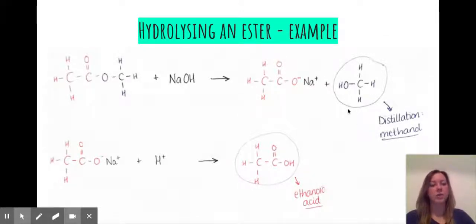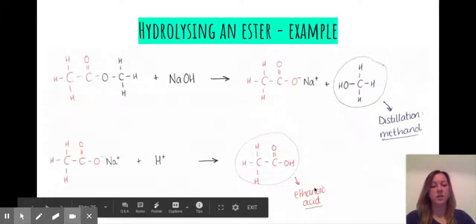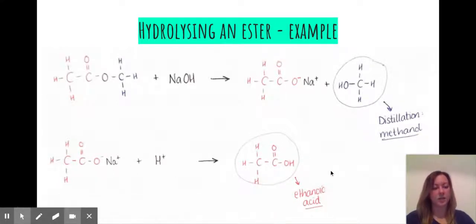So to get the methanol out on its own, we are going to use the process of distillation to separate the methanol from this salt. When that is done, to obtain our ethanoic acid, we are, like I said before, going to introduce some hydrogen ions, which are going to swap places with the sodium ion and produce our ethanoic acid.